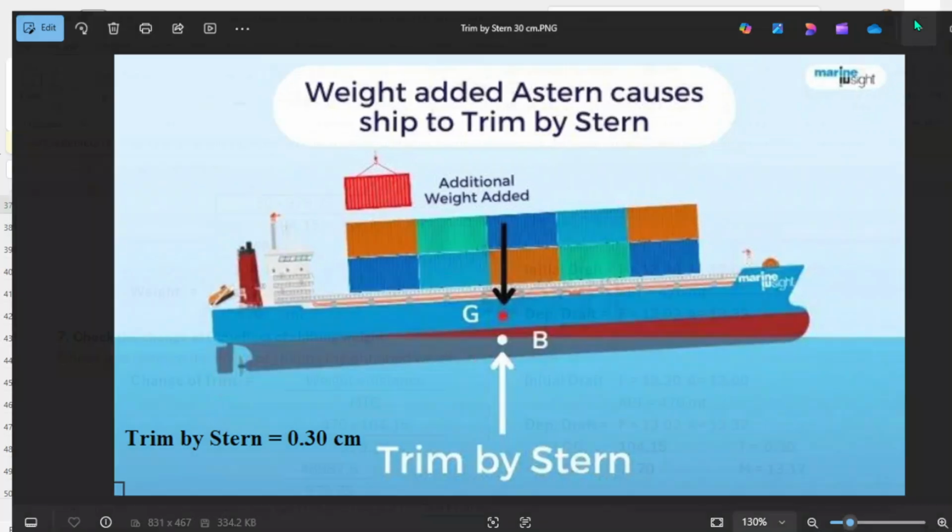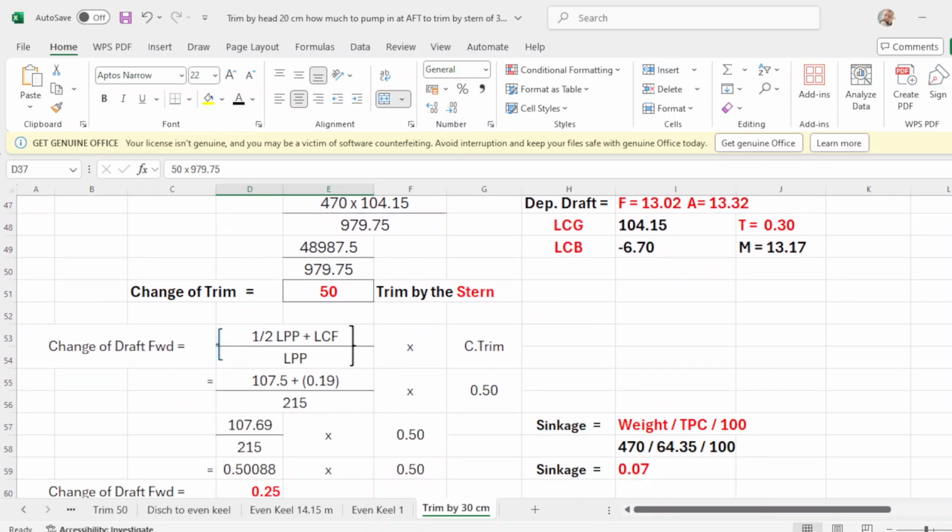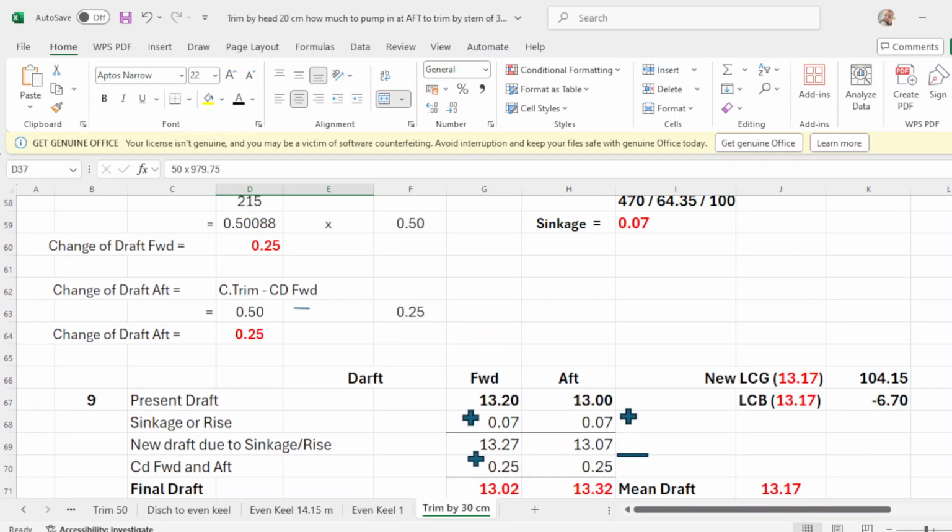That's why we have what we call parallel sinkage, this 0.07. How did I get this 0.07?